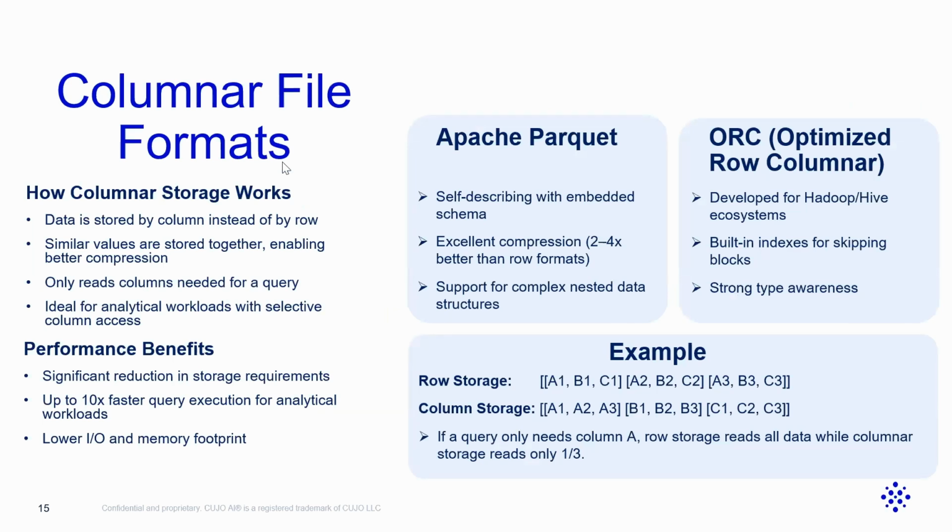The columnar file formats store the data in columns instead of rows. And since in this way similar data are stored close to each other, together, this enables better compression possibilities. Also, as I briefly mentioned previously, when you are only interested in a certain subset of the columns to perform your analysis, it's very beneficial because you read only the data you are going to use.